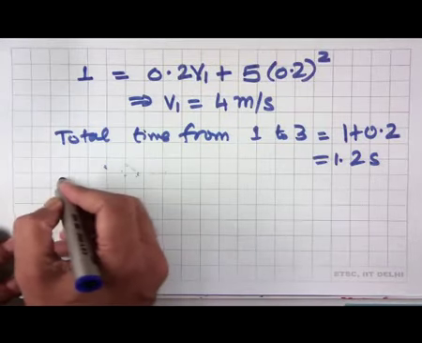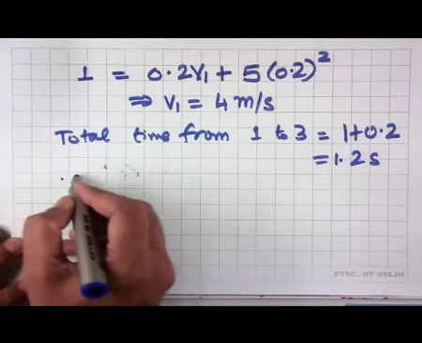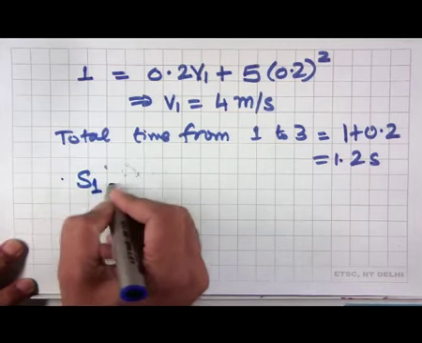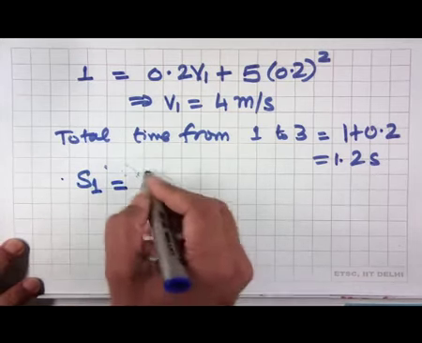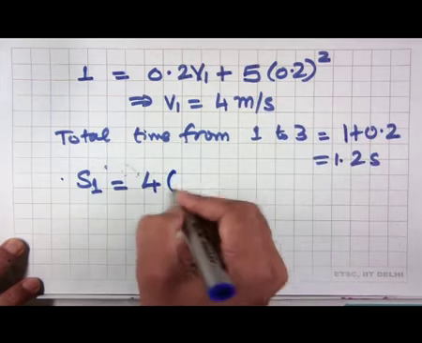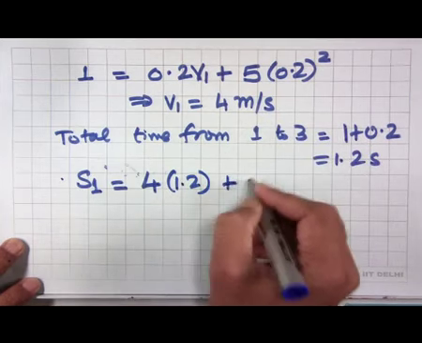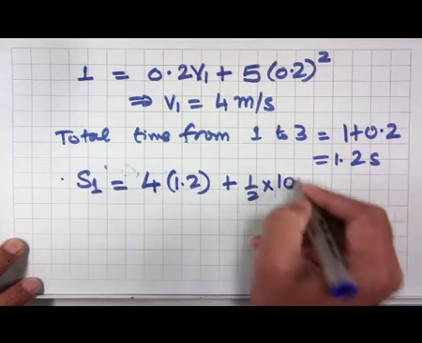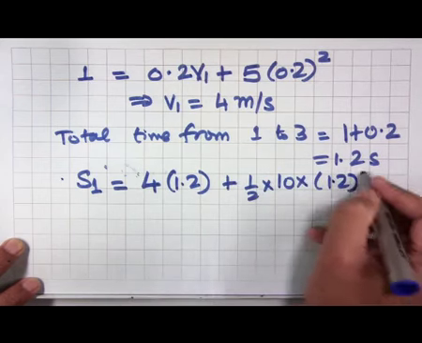So, we use the same formula again, that x, we use the total distance, which is now S 1 is equal to, now we know the velocity, 4 into 1.2 plus half into g into 1.2 square.